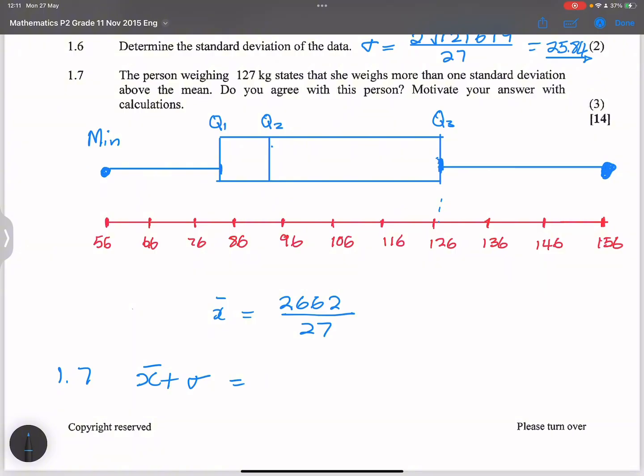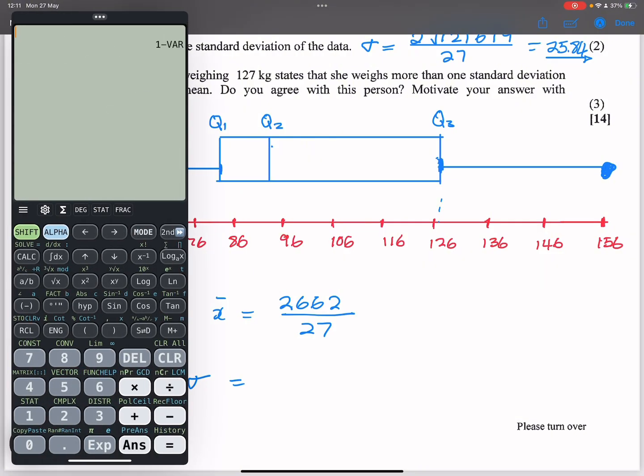So remember we said that was the mean, 2,662, and divide that by 27. So our mean is 98.59. And our standard deviation, you remember, we said was 25.84.